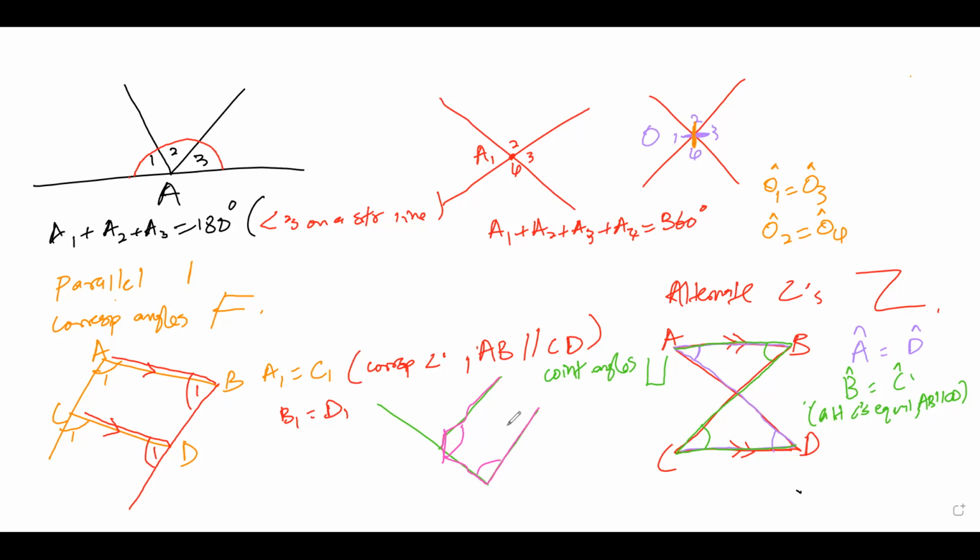Supplementary means the angles add up to 180. So if I have EF here, so 1 and 2, and then that's F1, that means E1 plus F1 will give me 180 degrees. The reason will be co-interior angles, because line EB is parallel to CF.